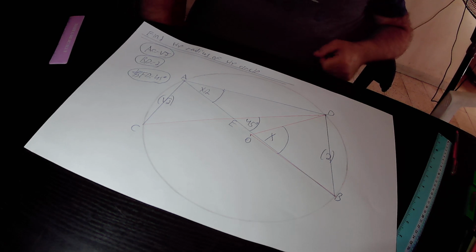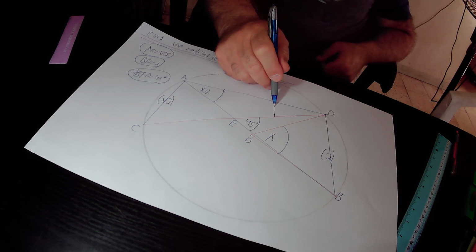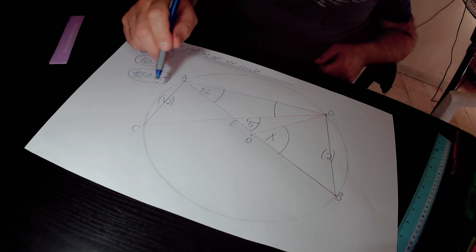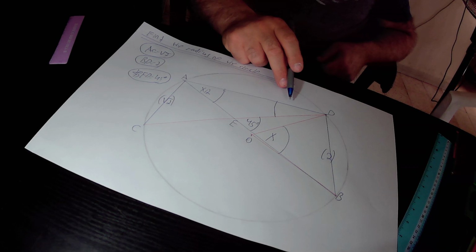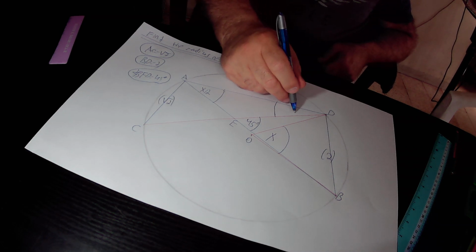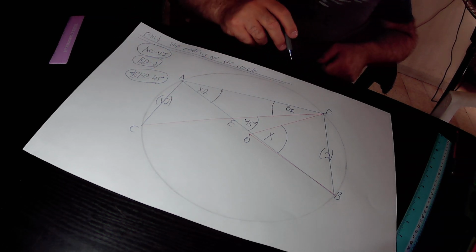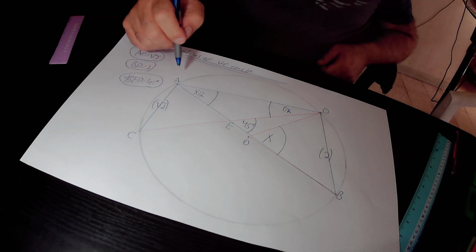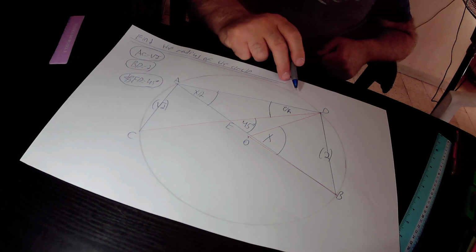Likewise, we will define the size of this peripheral angle ADC. This is peripheral angle ADC. We will define the size of this peripheral angle ADC as y over 2. So we have here peripheral angle ADC that is subtended on chord AC. The size of this peripheral angle ADC is y over 2 according to our definition.